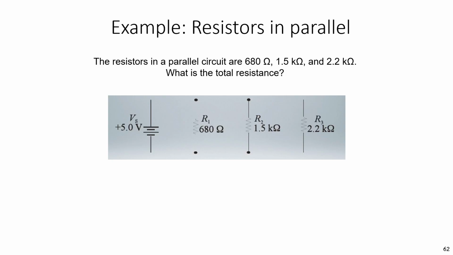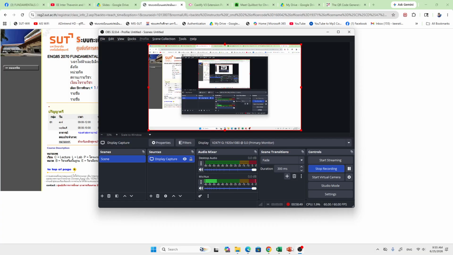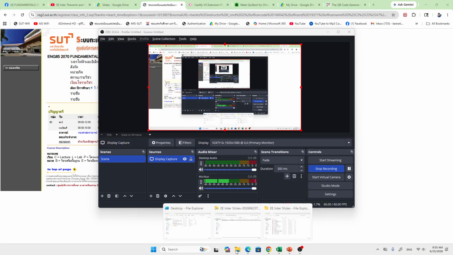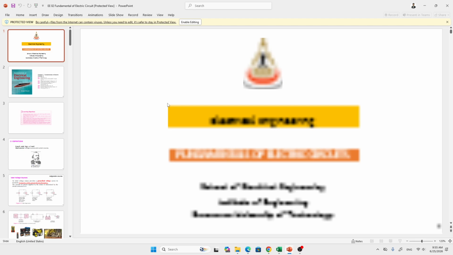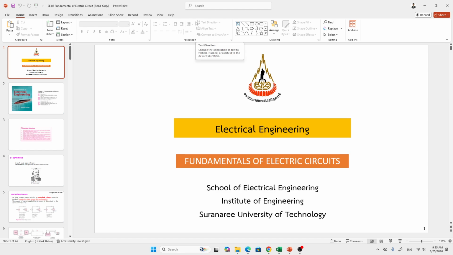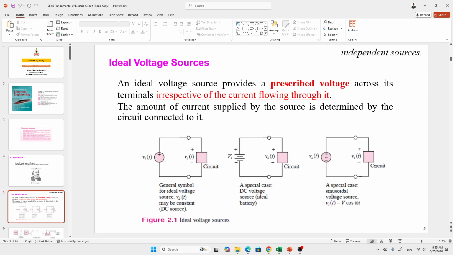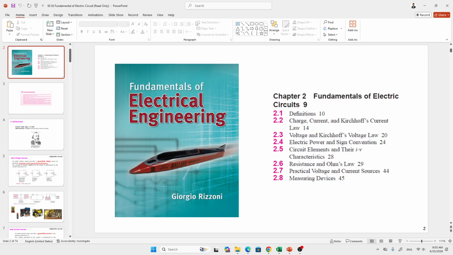I think you already have the basic idea about this calculation. So I think next time I will talk about fundamentals of electric circuits.